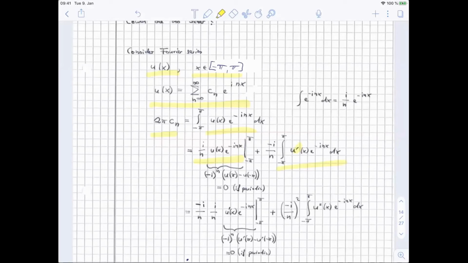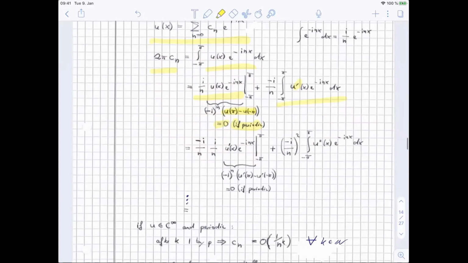The important thing when doing this is that if u is periodic, then the boundary term, which has u of pi minus u of minus pi, is identically zero. Let's integrate by parts. We get again a boundary term that now has u prime of pi minus u prime of minus pi. And if u prime is periodic, this boundary term vanishes, and we get whatever is left over.